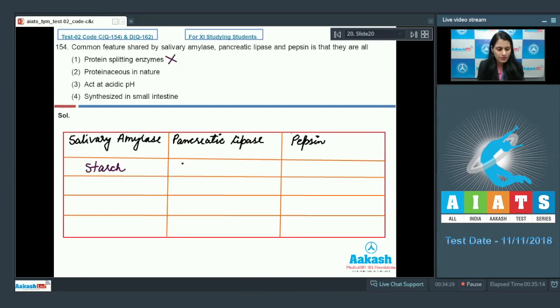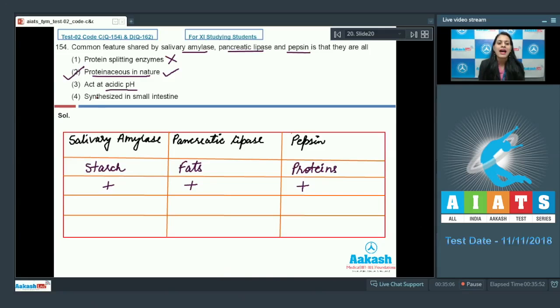Pancreatic lipase will act on fat and not on proteins, whereas pepsin will act on proteins. So all these three enzymes will not act on proteins. The second option given is proteinaceous in nature and is a correct option because all these three enzymes, that is salivary amylase, pancreatic lipase and pepsin, are proteinaceous in nature. So this is a correct answer to our question.